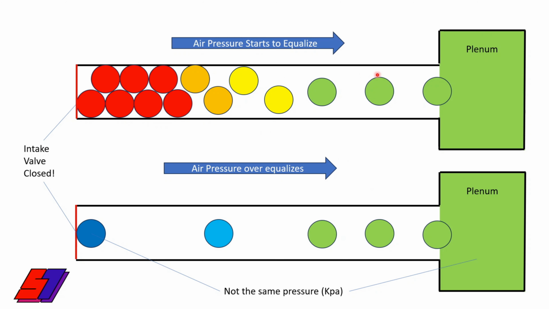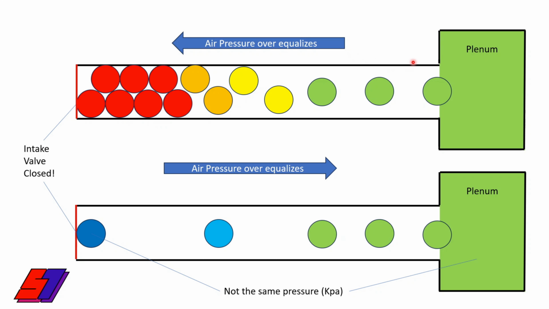So it pushes all back this way, and then because air is compressible, it overcorrects, right? So now we have this partial vacuum left behind. Well, what is going to happen when we have less pressure over here and a lot of pressure in the plenum? If you guess the air pressure wants to equalize, you'd be right.